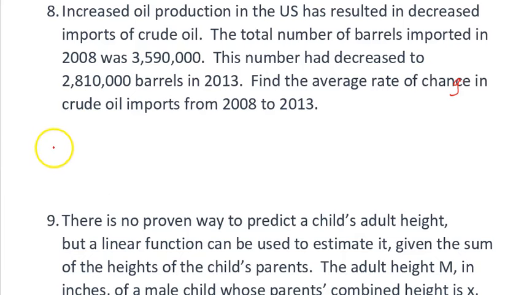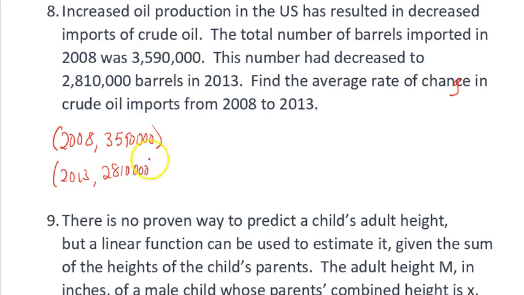So again, I want to look at these as points, and I have the point 2008, 3,590,000, and I have the point 2013, 2,810,000. And so I'm just going to go ahead, since average rate of change is slope, I'm going to find my slope. And some large numbers to work with.